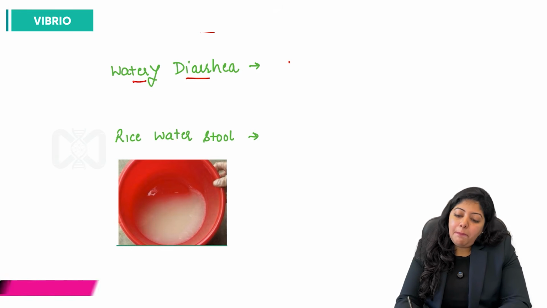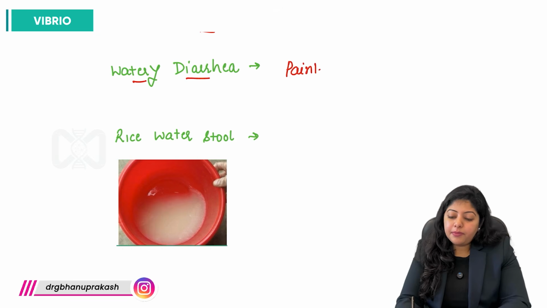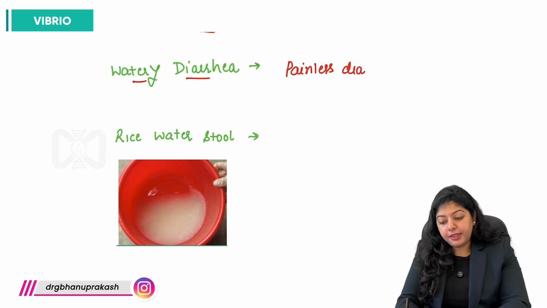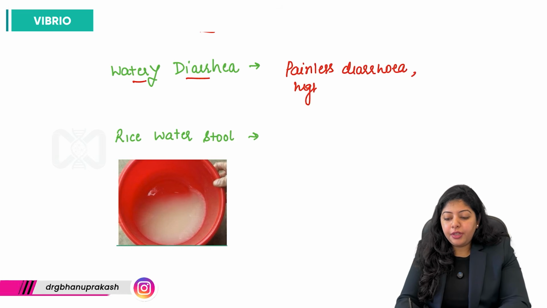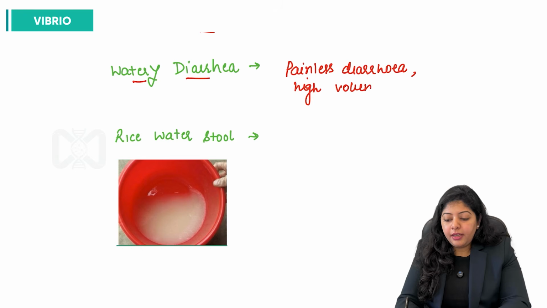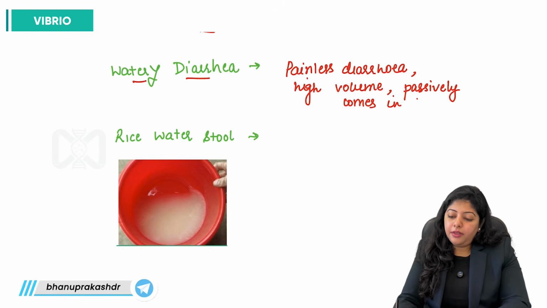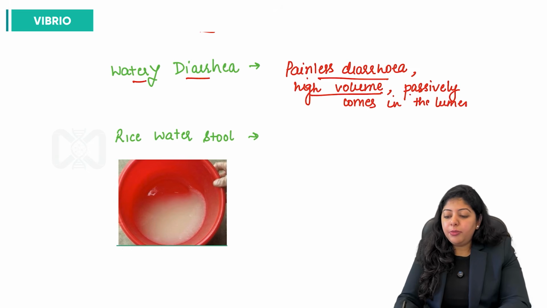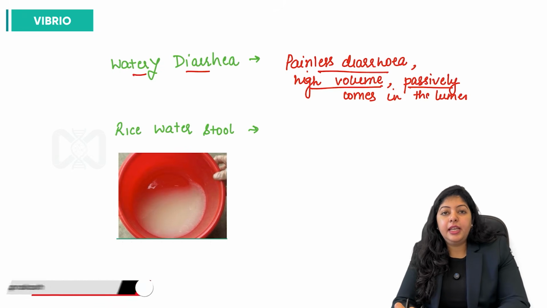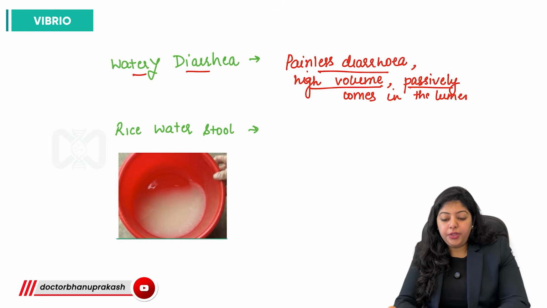It will be painless, high volume, and passive in nature. Passively comes into the lumen. So painless, high voluminous, passive diarrhea is seen as watery diarrhea in Vibrio cholerae diarrhea.